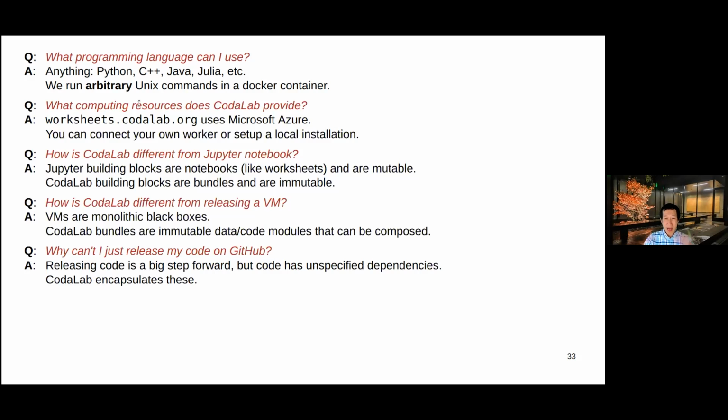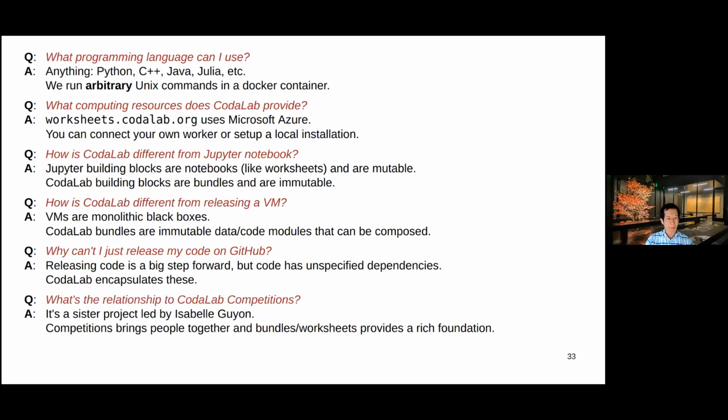So literally, you have a CodaLab executable paper. At the end of it, there's one figure that is the figure in the paper, and you can follow back all the way from the figure to the evaluation to the training to the data set pre-processing to the data set, and you have the full provenance of how individual figures in your paper were generated, which I think is a remarkable level of reproducibility.